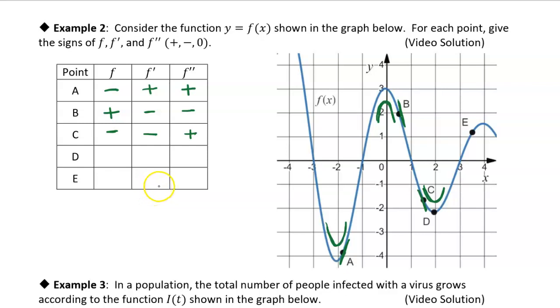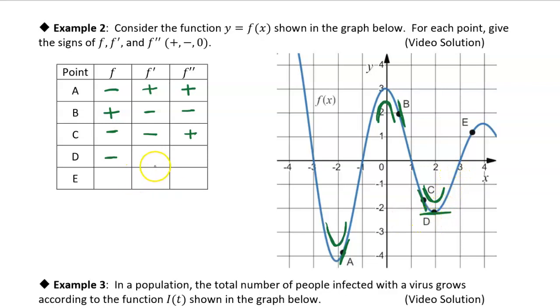All right. Now let's look at point D. Point D, the value of the function, right? It looks like it's a little below negative 2, but it's negative, right? Because it's below the x-axis. For the first derivative, I can draw the tangent line at that point. Now you can see that this looks to be the point where it's changing from decreasing to increasing, right?